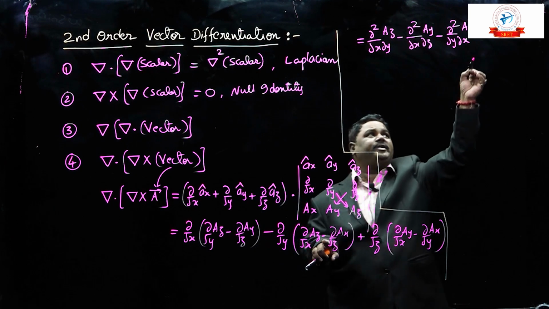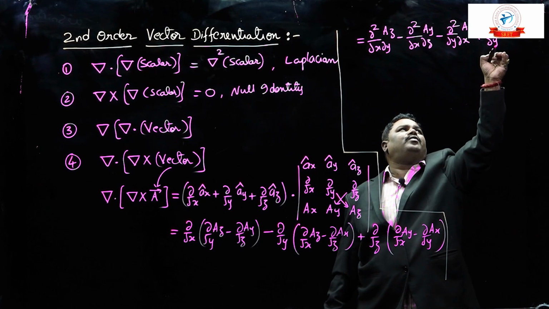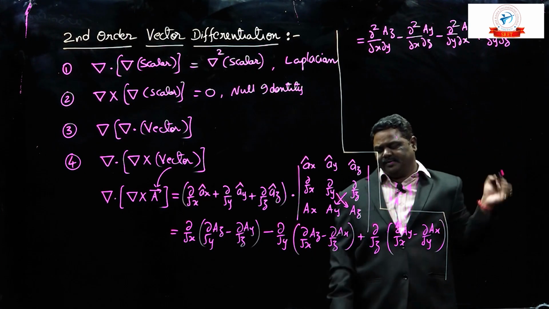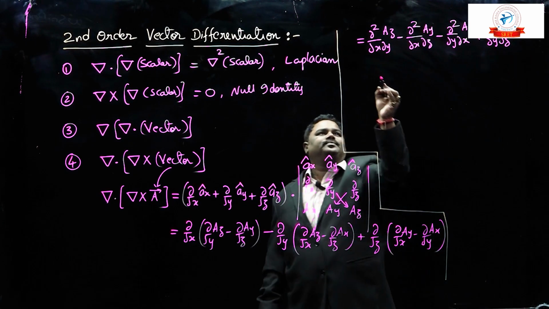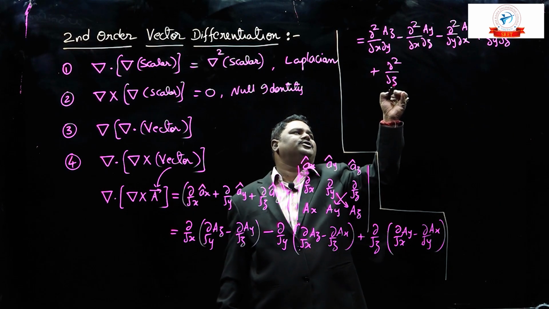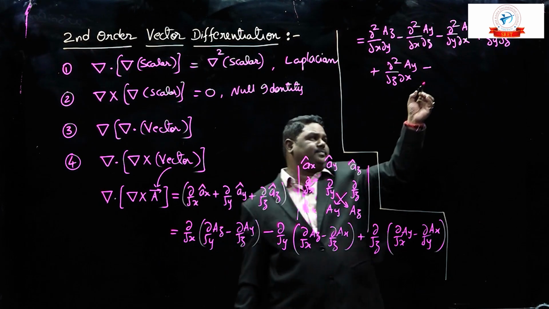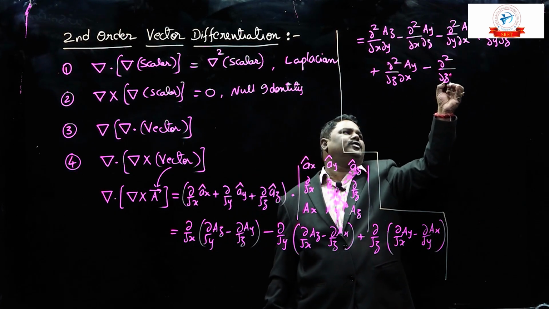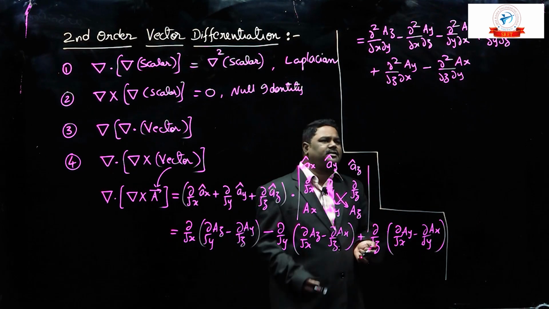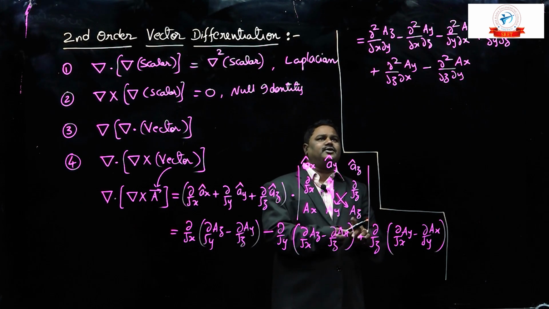Then here minus of minus will be plus, so dou square by dou y dou z of ax. Plus dou square by dou z dou x of ay minus dou square by dou z dou y of ax. This is the entire equation. So let us observe, is there any cancellation here? Just observe dou square by dou x dou y.